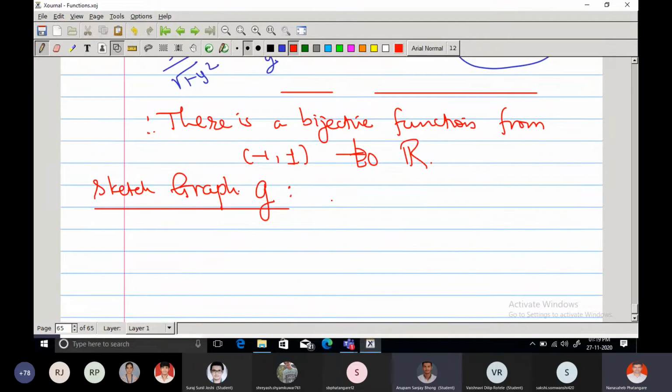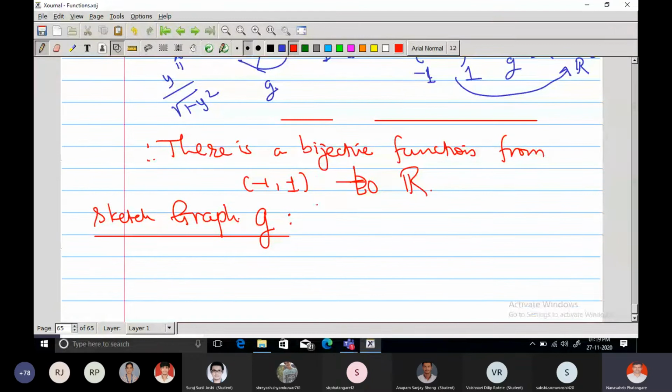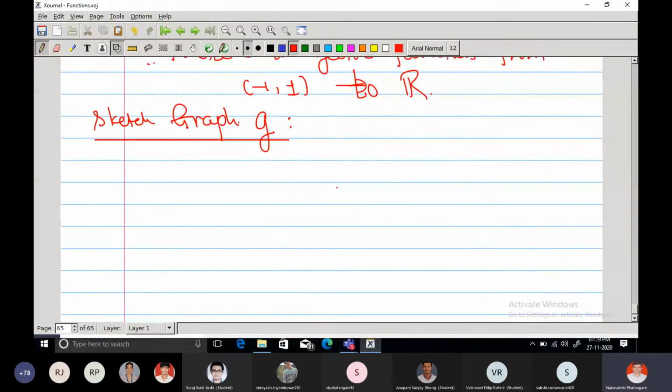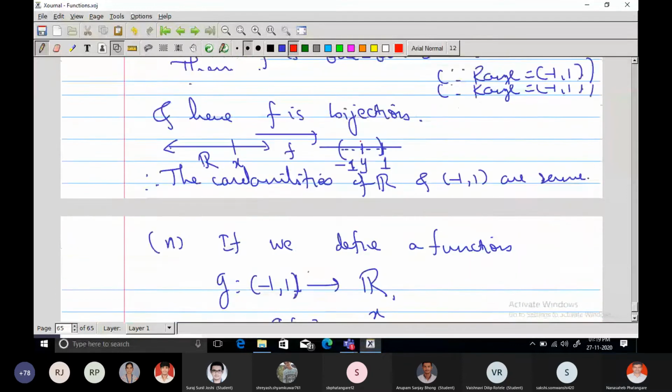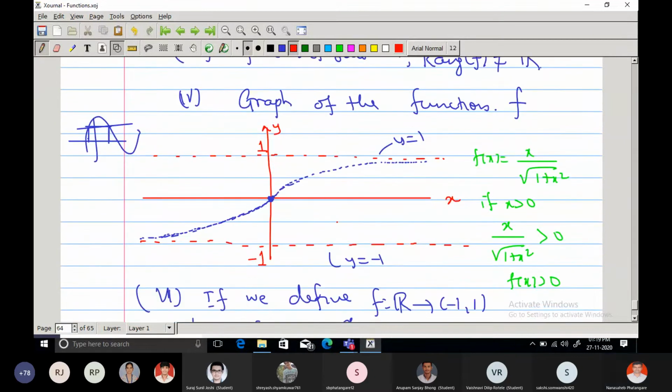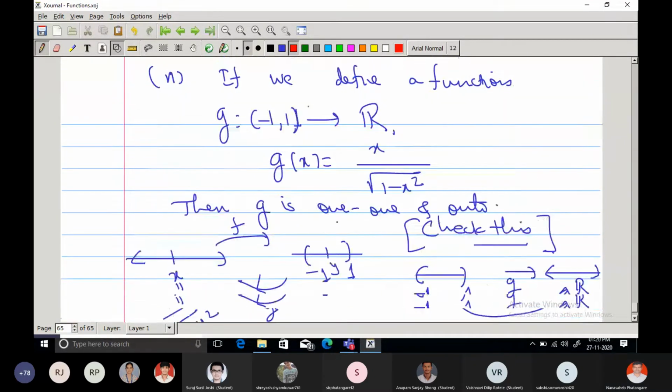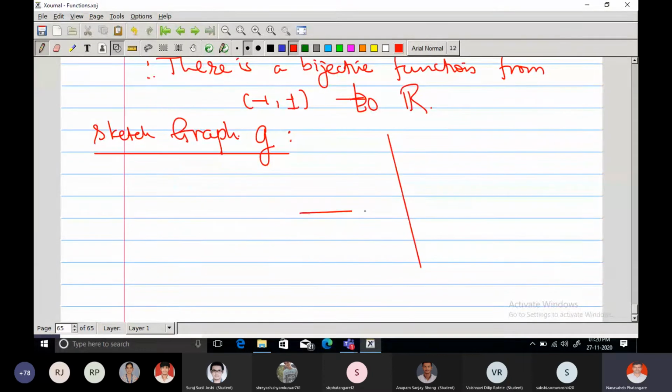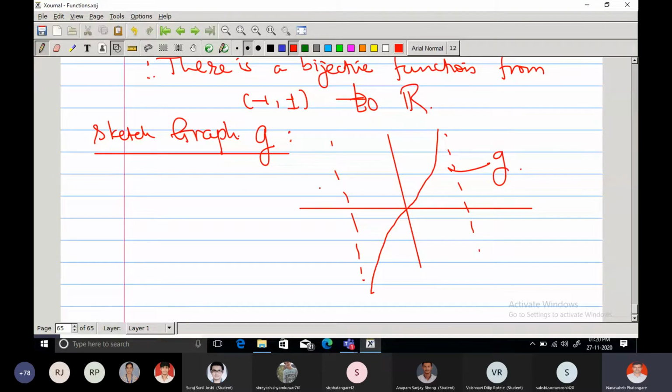Just draw the graph of function f, see this graph from the back side of your notepage and rotate by 90 degrees. So the graph of g is just an interchange of the axes. The graph of g is this, right? Observe that this function is also 1-1 and onto, because it will cover the whole line: it is going up to plus infinity and going down to minus infinity. So it is 1-1 and onto.